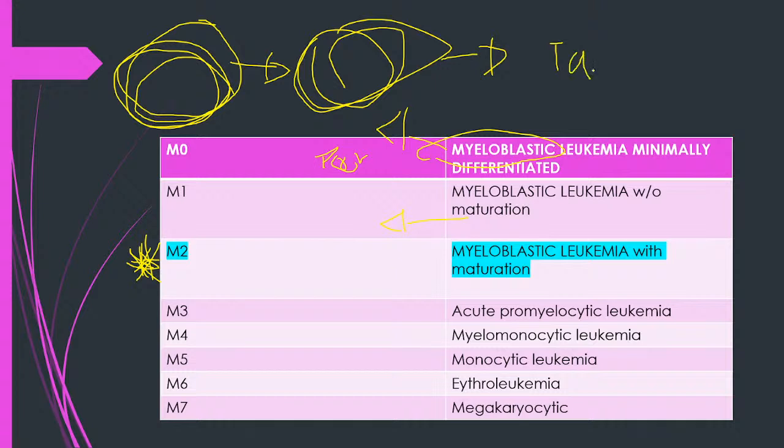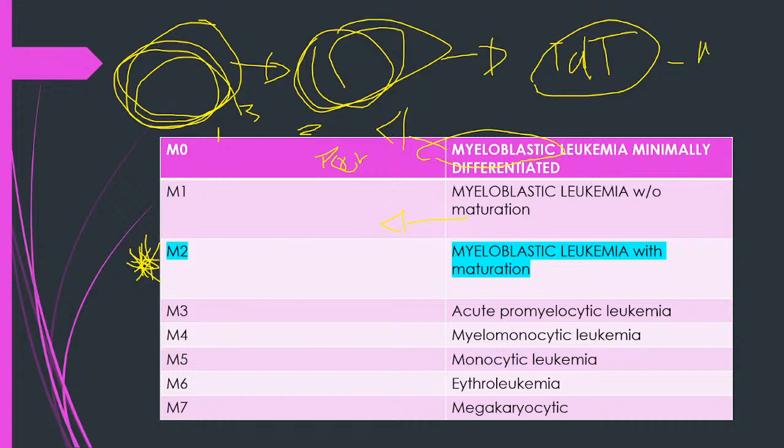That's the reason why it's important for you guys to remember TDT testing. Why? Because these two are poorly differentiated. We can't see the granules. There's no difference between them. Both of them have basophilic cytoplasm and nucleus. We do TDT testing to differentiate ALL from AML.